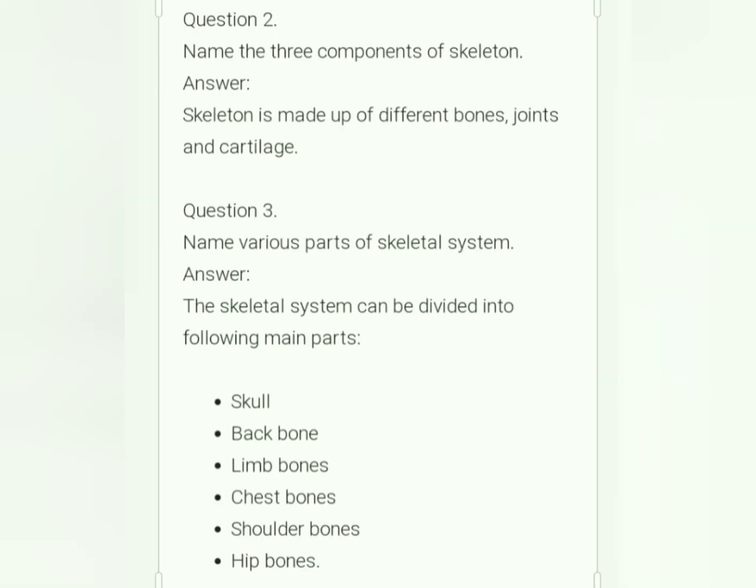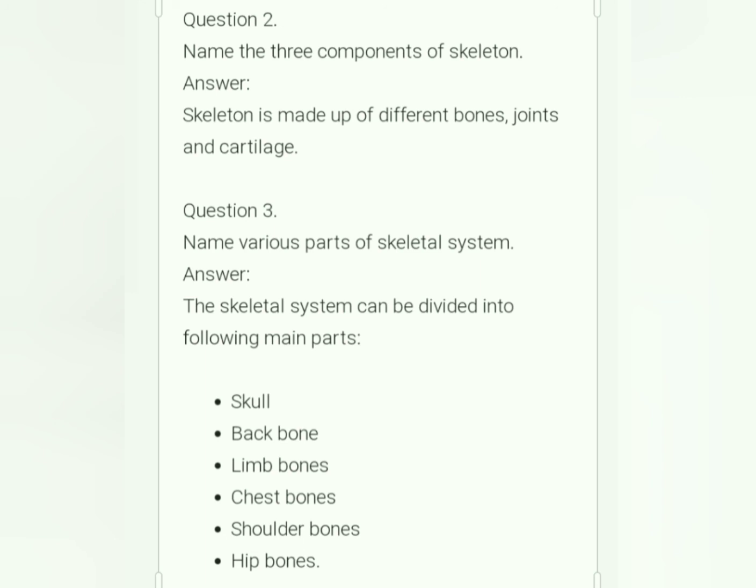Let's see the second question. Name the three components of skeleton. Answer: the skeleton is made up of different bones, joints and cartilage. The three components are bones, joints and cartilage. Next, see the third question. Name various parts of the skeleton system. We already learned about the skeleton.